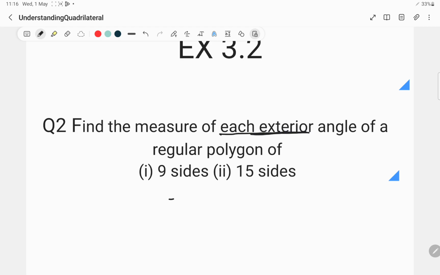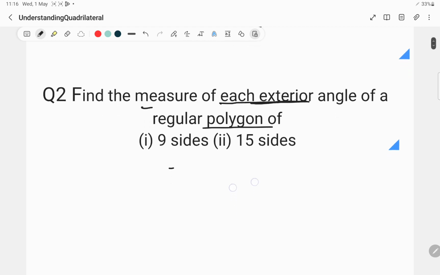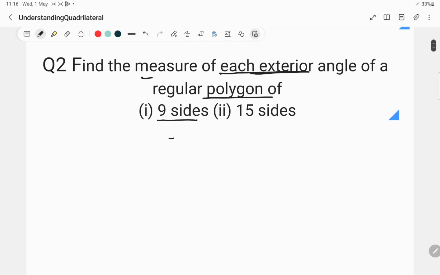Remember students, here we have to find the measure of the exterior angle of a regular polygon. In this question, we are given the number of sides of a polygon. So how will we solve this question? Let's start. We will use a formula.